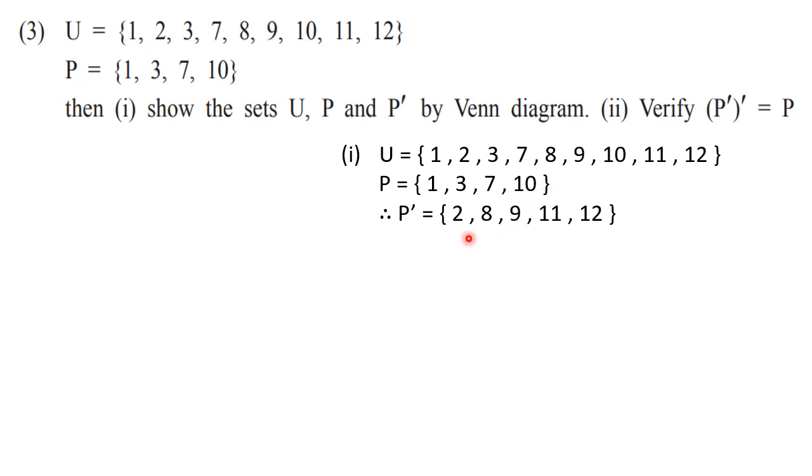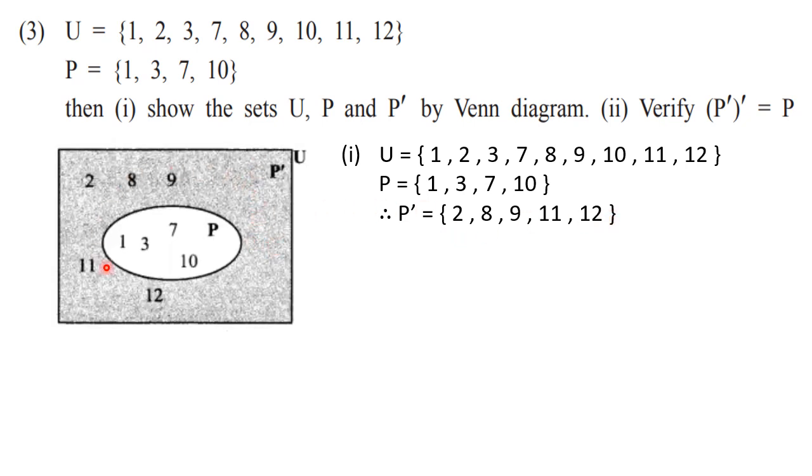And outside that shape and inside the rectangle, in the remaining space, you are going to write down the remaining elements of U, that means P dash. Okay, so see, your diagram should look like this. The rectangle shows U, which is the universal set. Then P is a subset of U, so draw P completely inside U. You can draw any shape as I have said.